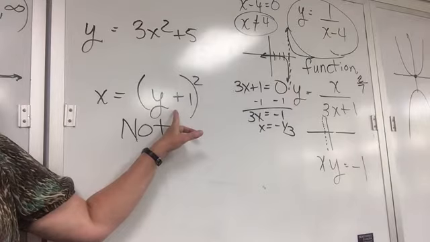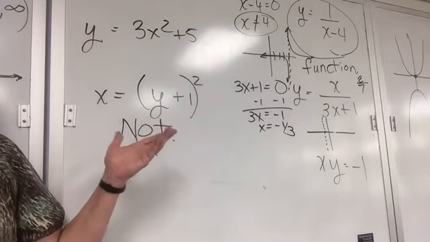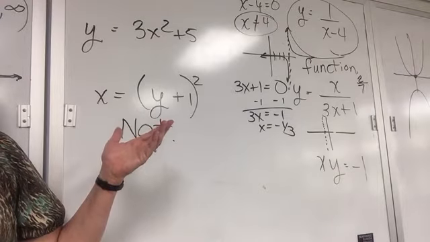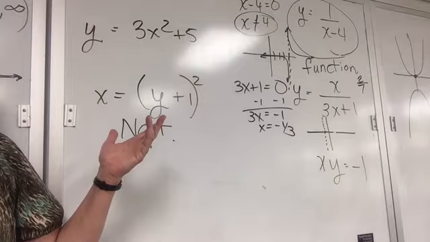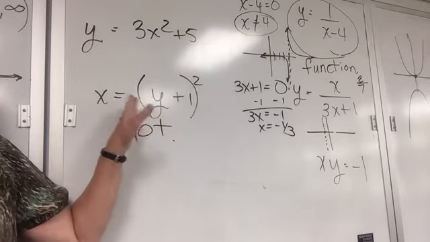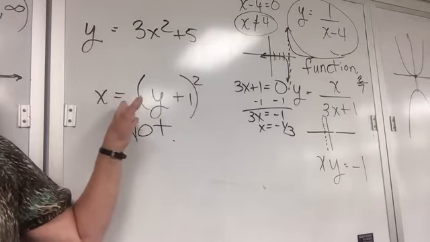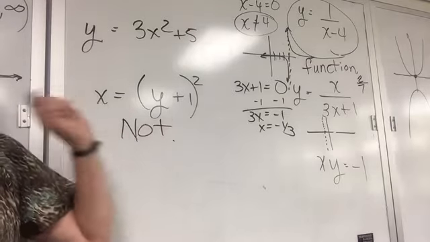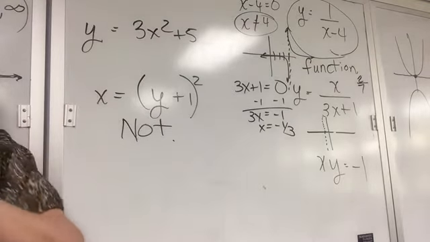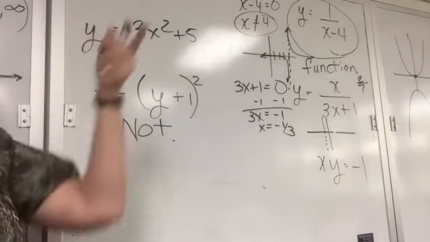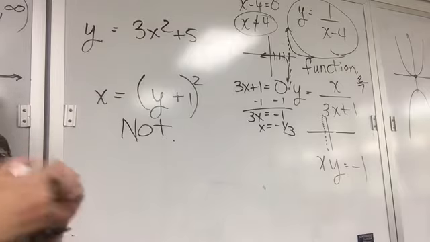But what's negative 1 squared? 1. Am I ever going to get a negative x? No. I'm not going to get a negative x. So x has to be 0 or greater. This domain, what x can be, is going to be a bracket, 0 to infinity, parenthesis.